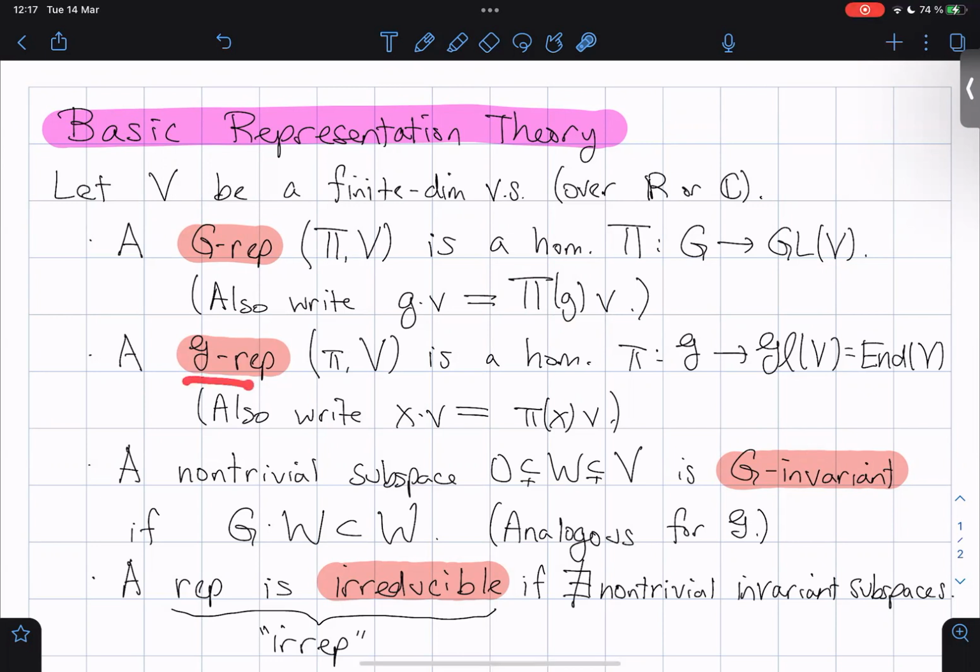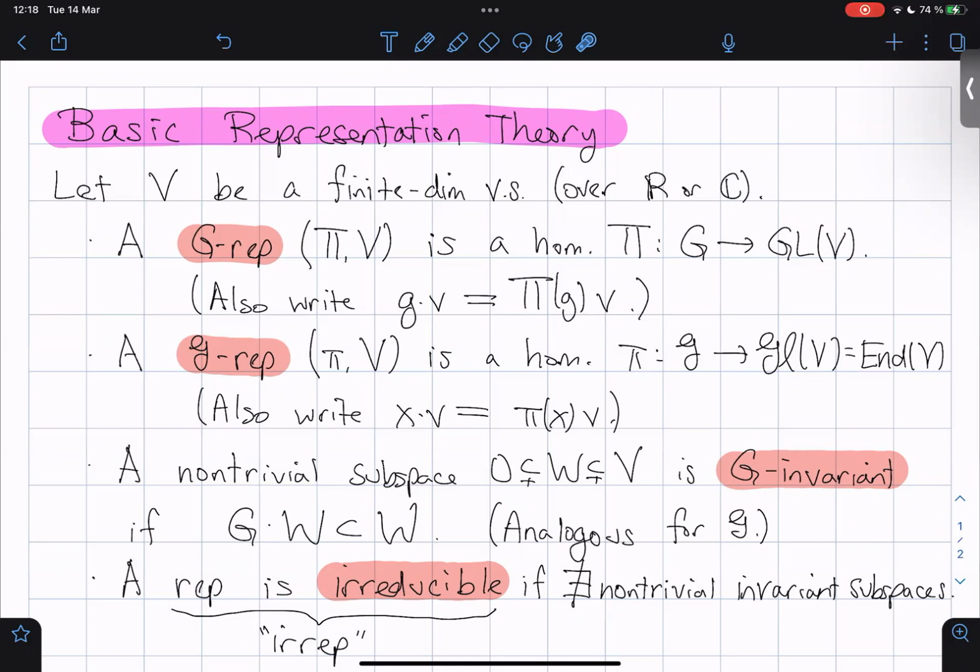We define the corresponding Lie algebra to G, so this fraktur g, and can define a corresponding fraktur g representation. So little pi acting on this V, it's an infinitesimal action of the group.